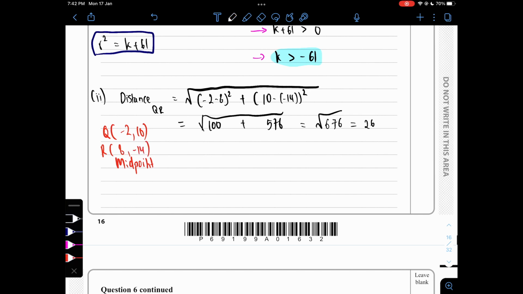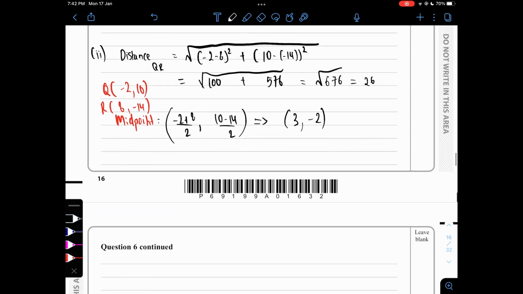So the midpoint is minus 2 plus 8 over 2, and 10 minus 14 over 2. That gives us 6 over 2, which is 3, and 10 minus 14, which is minus 4, over 2 is minus 2.